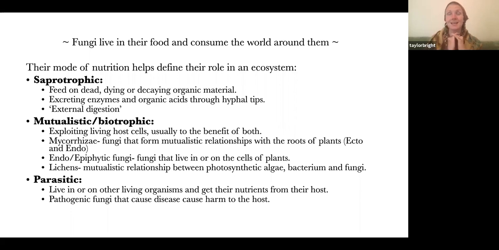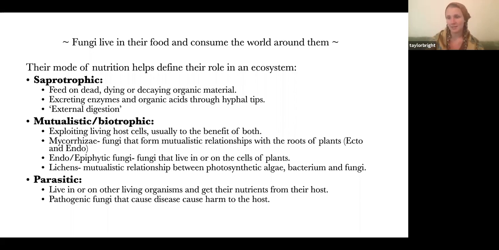And it is a beautiful, incredible relationship. The study of mycorrhizae is one of my absolute passions, because it's this whole underground network of communication and collaboration. And I'll talk more about mycorrhizae a little bit later in detail, but that's one of the classifications of fungi.